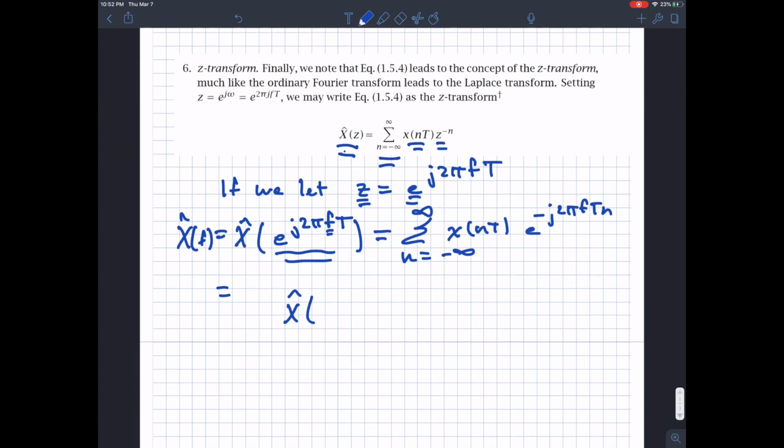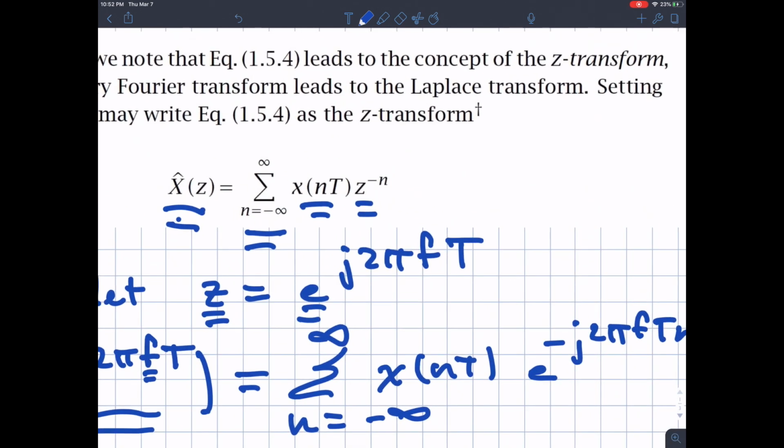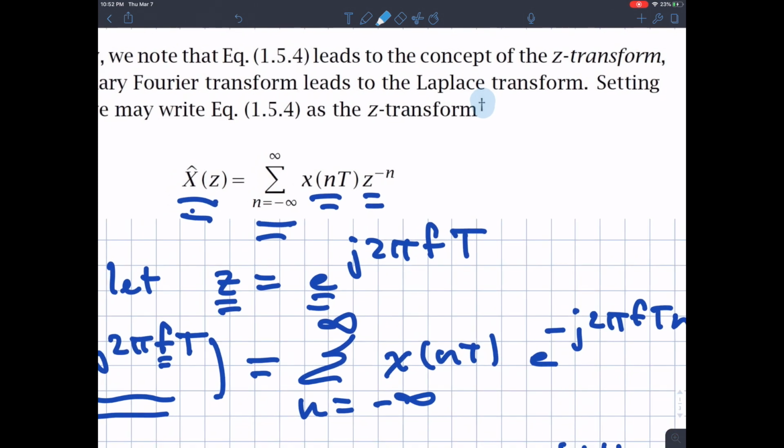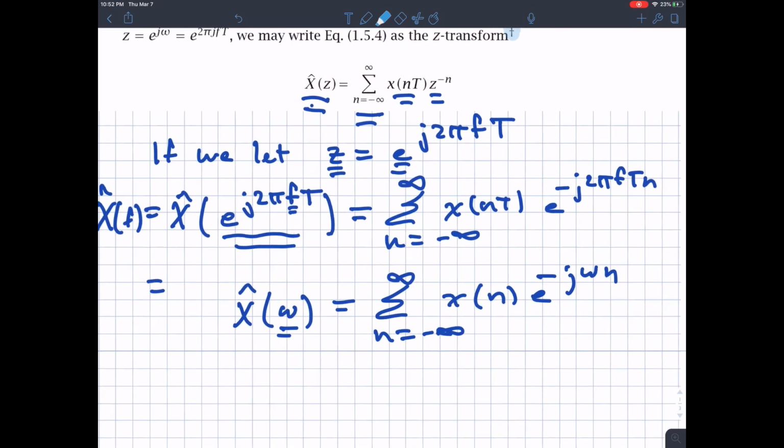So for example, if I normalized frequency and made this in radians per sample, this formula would become the sum from n equals minus infinity to infinity of x of n e to the minus j omega n. So I don't explicitly show the e to the j stuff that's in this argument. In fact, if you look in that section, he makes a little notation where he says at the bottom, abusing the notation.